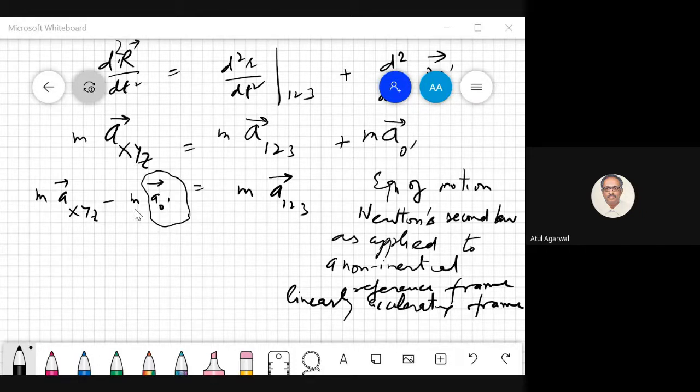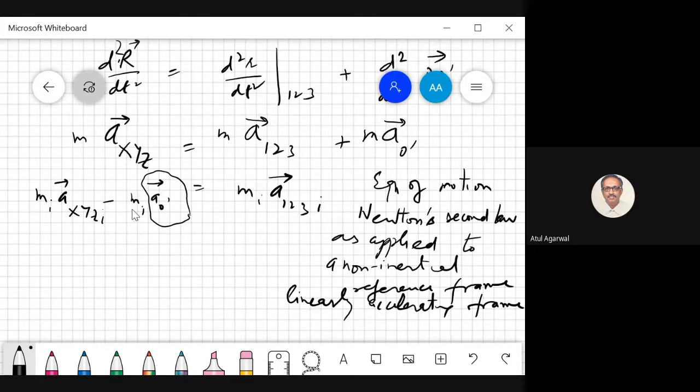If you sum it over all the particles, this is over particle i. So I am saying absolute acceleration of particle i into mass of that particle, minus m_i A_O prime. A_O prime is constant for the entire body, is equal to the mass of that particle and the relative acceleration of that particle with the 1 2 3 system.